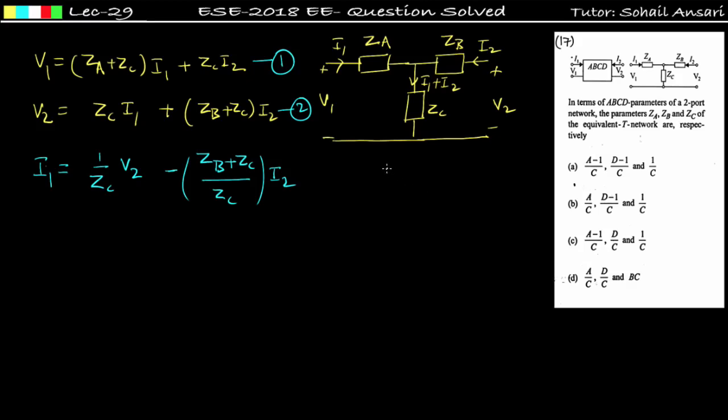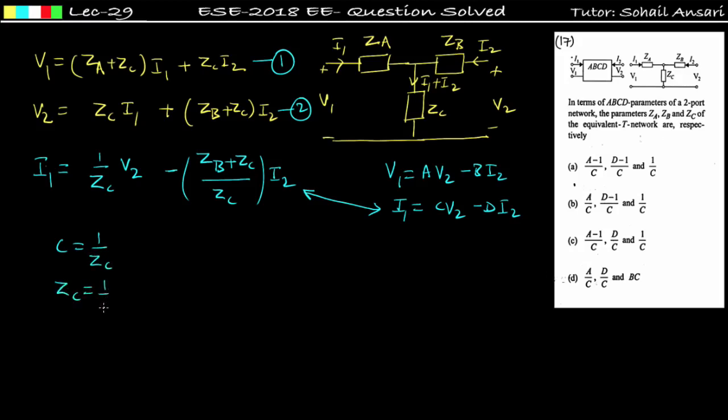Now we know that the ABCD parameter equations are V1 is equal to A V2 minus B I2, and I1 is equal to C V2 minus D I2. So comparing this equation with this equation, I can easily say C is nothing but 1 upon ZC. So ZC will be equal to 1 upon C. I got this ZC.